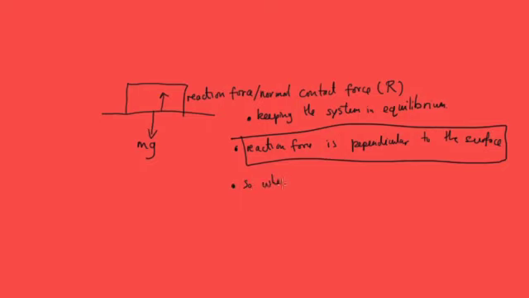So when the object is on a horizontal surface, the reaction force is usually equal to mg, and it simply prevents the object falling off or falling through the surface.